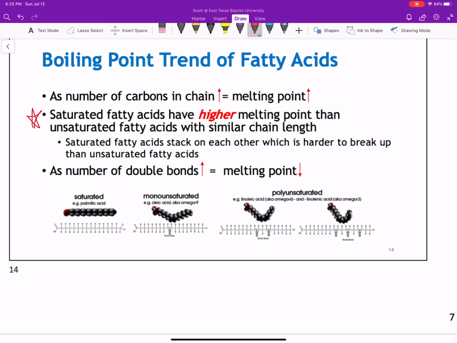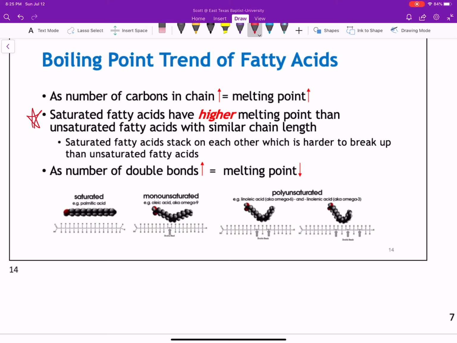The reasoning behind it is because the polyunsaturated and monounsaturated fats have a difficult time stacking on top of each other. And so it's easier to break up those intermolecular forces holding them together in a solid state. Therefore, just a little bit of energy, like room temperature, is enough to melt it and make it a liquid. Okay. Whereas the saturated fatty acids are stacked like bricks on a house, and it's going to take a lot more heat or energy to break those interactions.